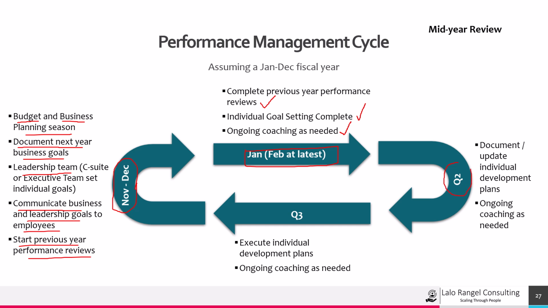In Q2, maybe you want to start documenting individual development plans and again continue with those ongoing coaching conversations and performance feedback as needed. Some companies tend to say, we don't want ongoing coaching conversations; we only want a mid-year review and a year-end review.